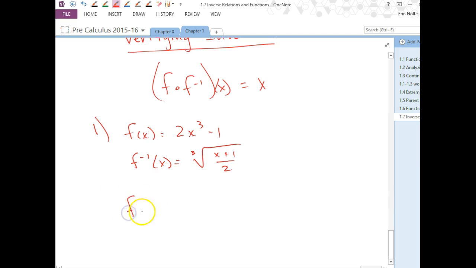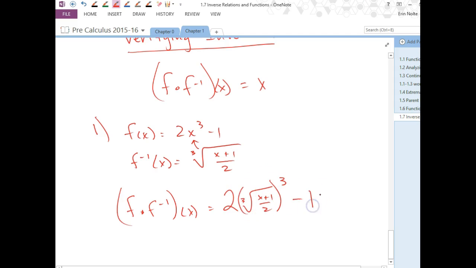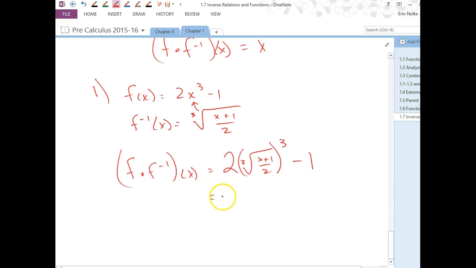So if I do a FOF and plug the inverse in, I'm plugging that into that piece right there. So it's going to be 2 times the cube root of x plus 1 over 2, cubed, minus 1. Immediately you have a cube root cubed.